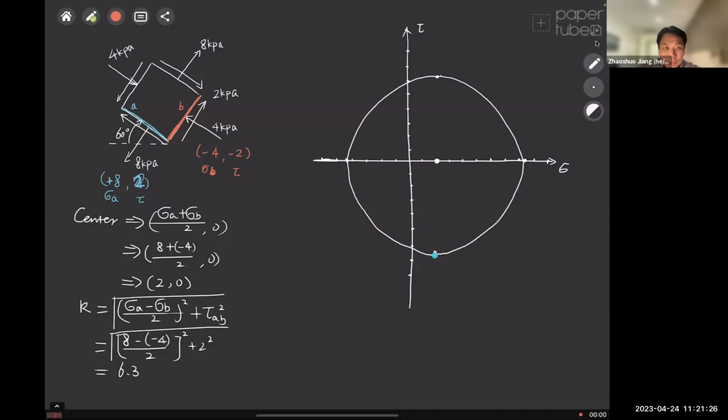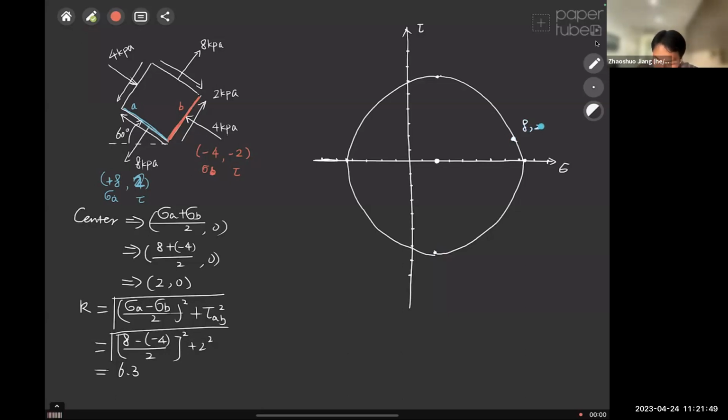On this Mohr circle, those 2 points on plane A and plane B can be represented by 2 points on the Mohr circle, right? So plane A is 8 and 2. 1, 2, 3, 4, 5, 6, 7, 8, 8 and 2.